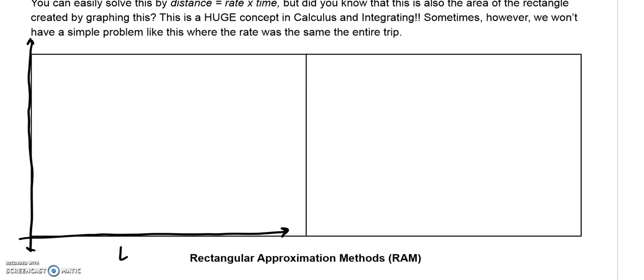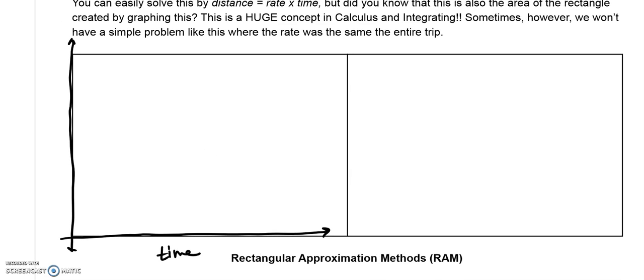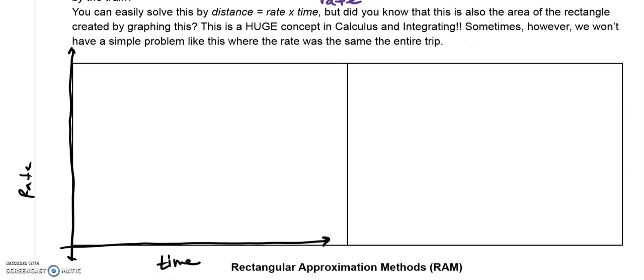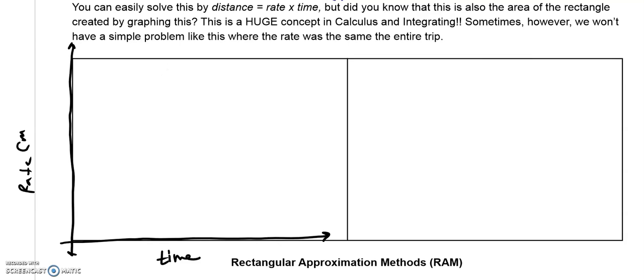Our x-axis, remember, is always the independent variable, and time is always independent. So that is our time, and this right here is going to be our rate, which in this case is miles per hour. And so that means our time is in hours.